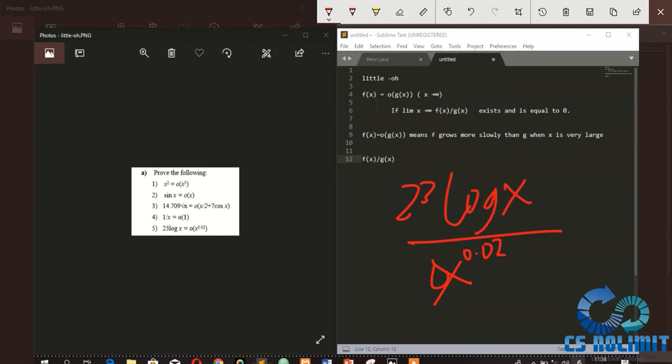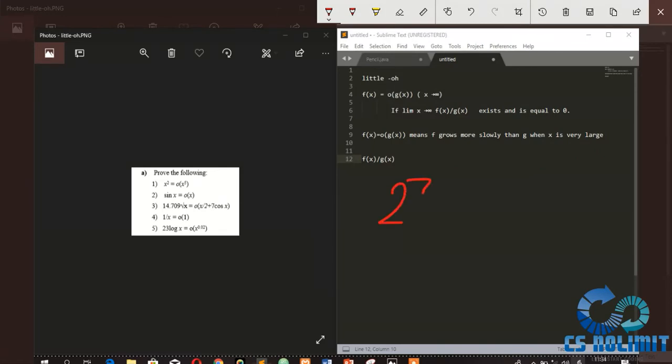If we put 1000 here, then we will have log 1000, and here it will be 1000 to the 0.02. If we do that, we are going to be left with something like this: 23 times 3 inside here, and down here we'll have 1.148.